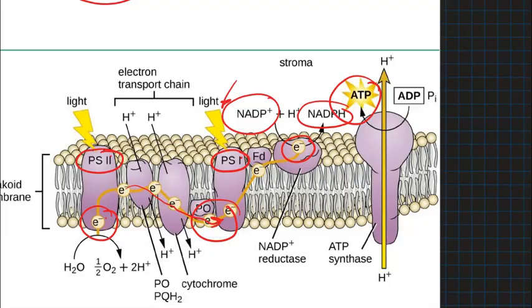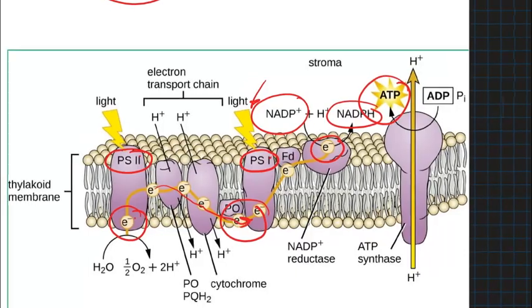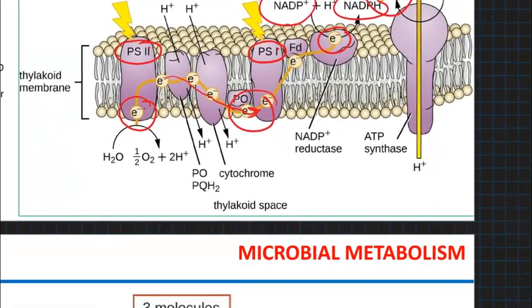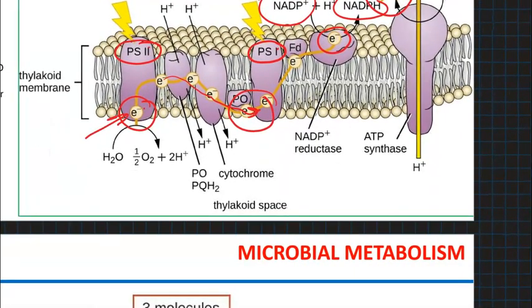Am I making sense? Yeah? Right. So there's one little problem. There's a little hiccup here. We need to recover the electron. So we need an electron donor. It's water. So water loses an electron. Can we say that the water is oxidized?